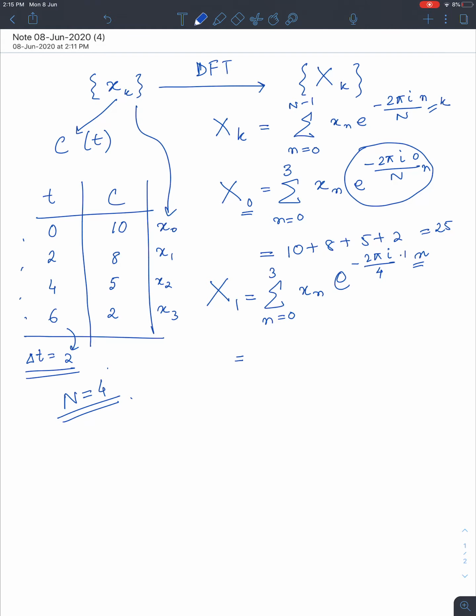The k is 1 here, and the n is coming from the summation.